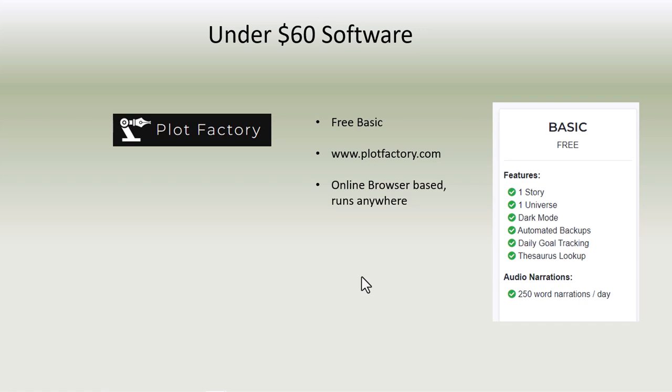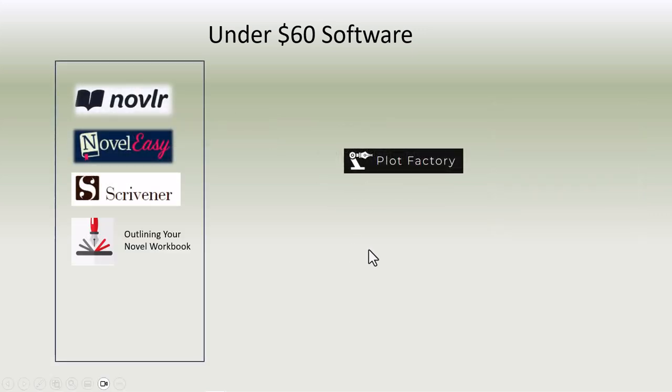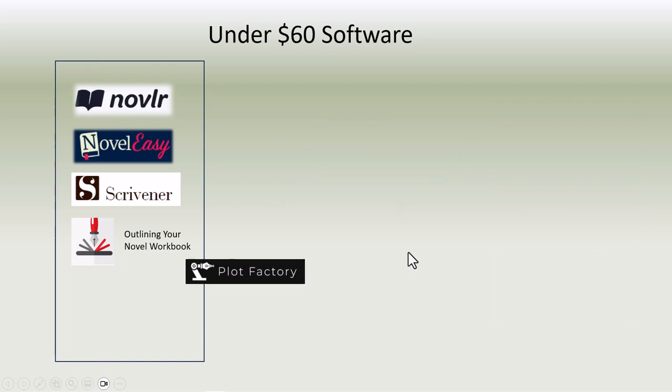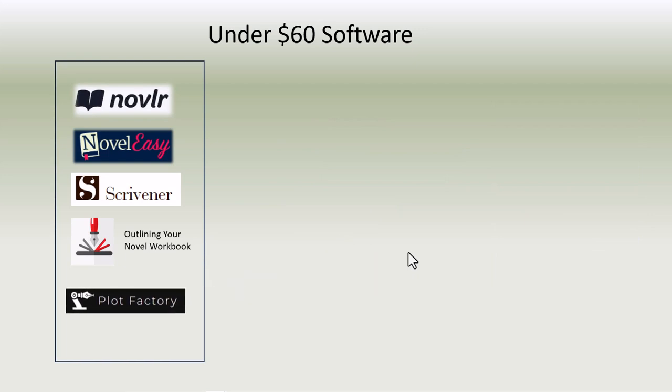Especially if you're only working on one story. If you want something where you have a book and you could read through things, then you might want to look at the Outlining Your Novel software. So we'll add both of those to our list of software that we've reviewed.